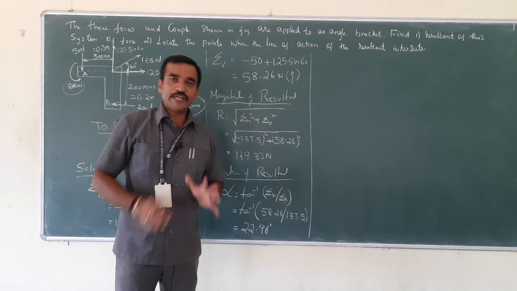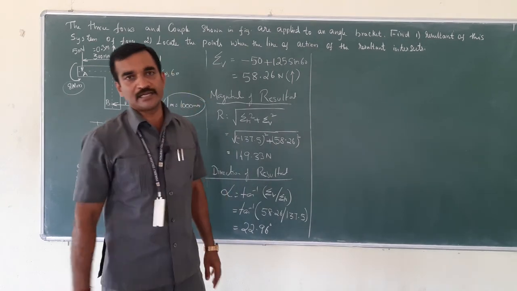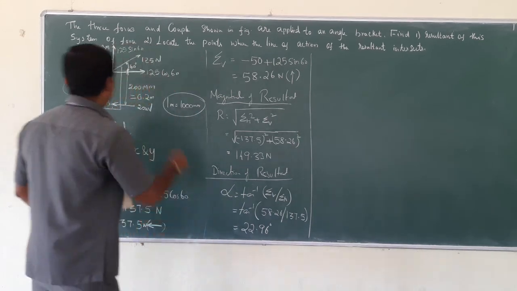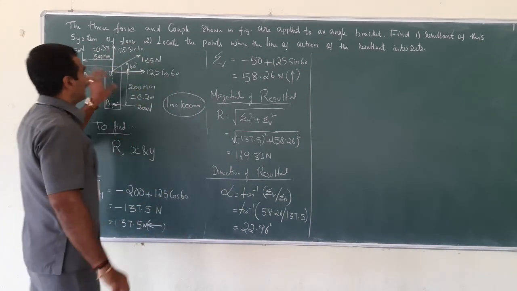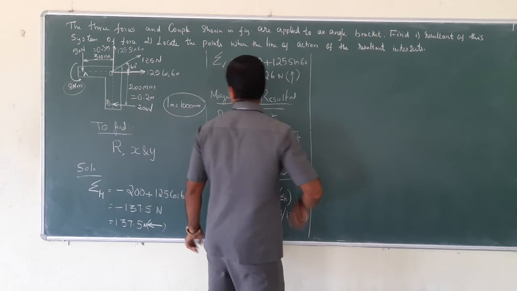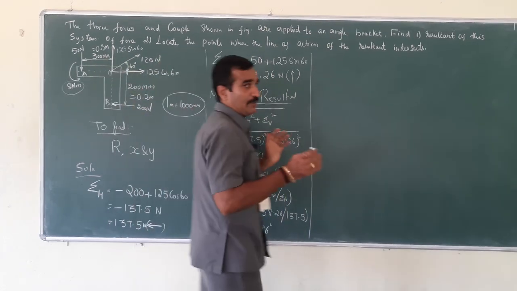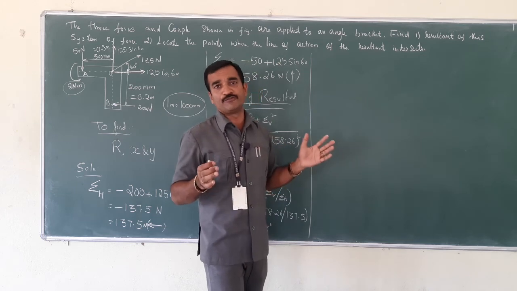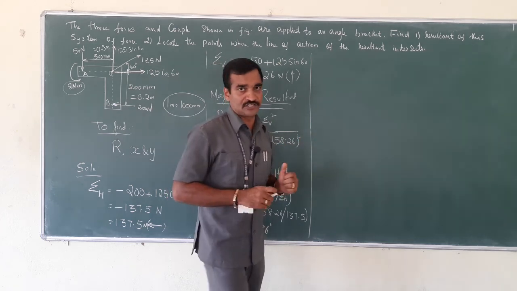So in order to find the location of the resultant, we need to have the moment. Let me take this point as O. I am going to take the moment about that point, so that these two forces will be eliminated because they are at the origin and there is no distance. Moment is nothing but the product of force and its perpendicular distance, isn't it?